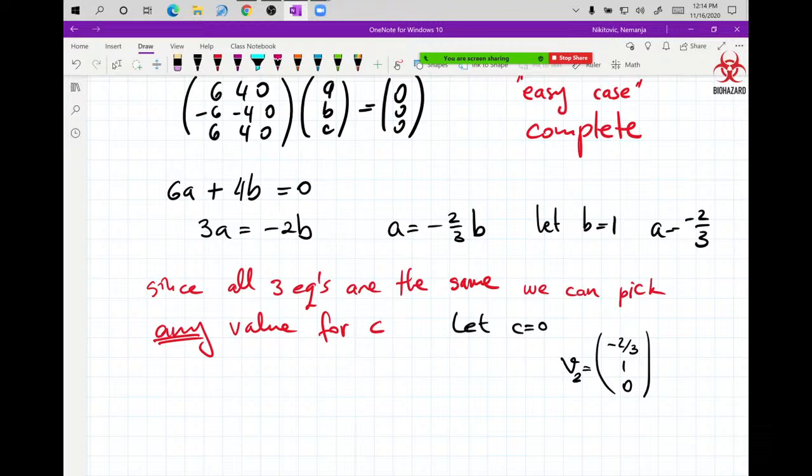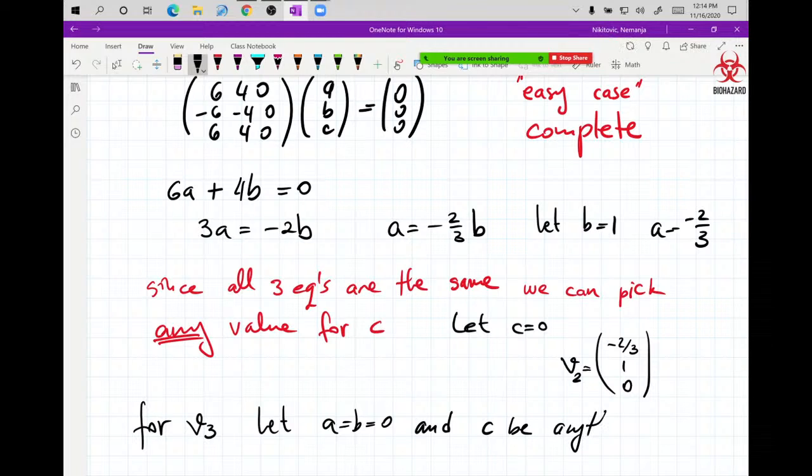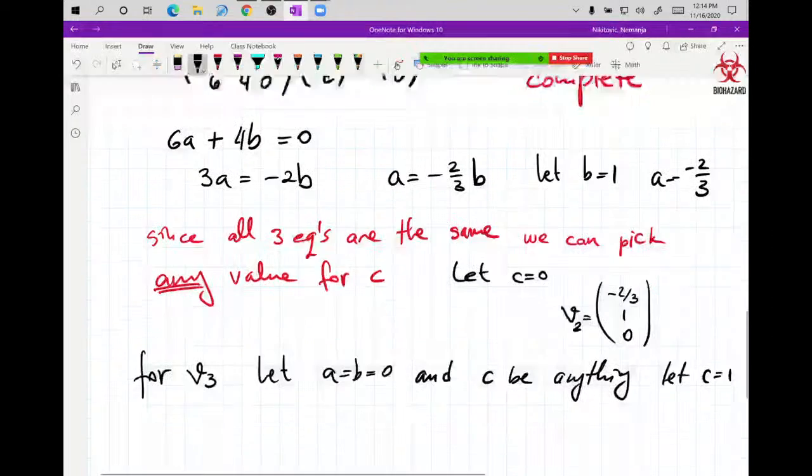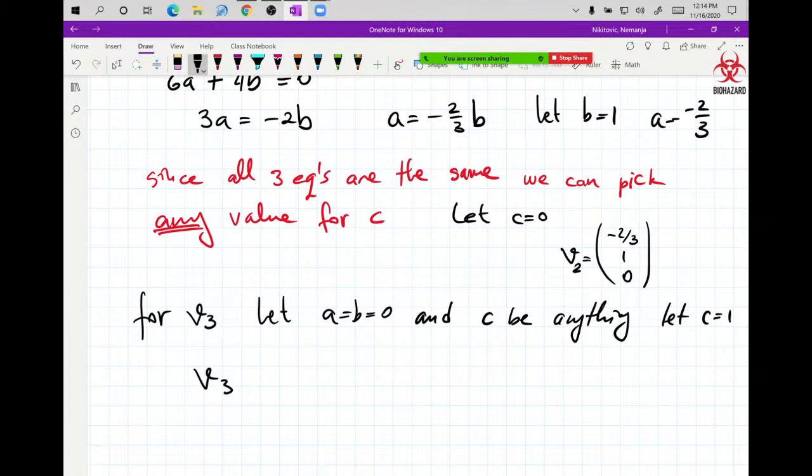But in this case, if I say for V3, let A equal B equal 0 and C be anything, let C equal 1, then you get your V3 vector to be 0, 0, 1.